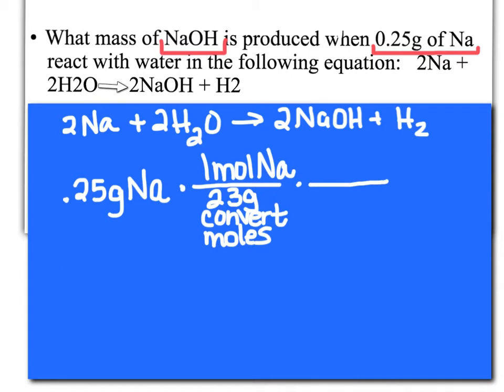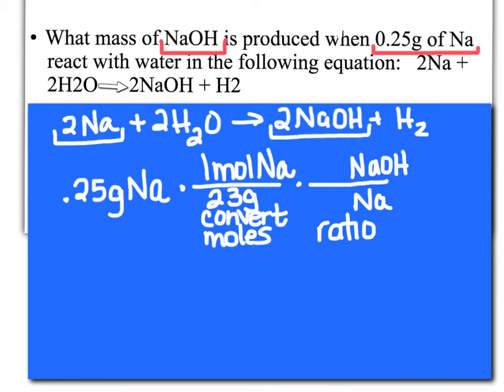Now we're going to look at our relationship, our ratio between the sodium, which is what we already have, and the sodium hydroxide, which is what they're looking for. So in this case, 2 sodiums go in, 2 sodium hydroxides come out. So it's a 2-to-2 ratio, which is the same as 1-to-1. So you don't actually have to multiply by 2 and then turn around and divide by 2.